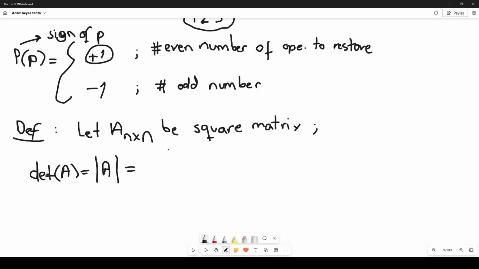The determinant of a given square matrix is equal to the summation over permutations. P represents the permutations, unless otherwise stated.